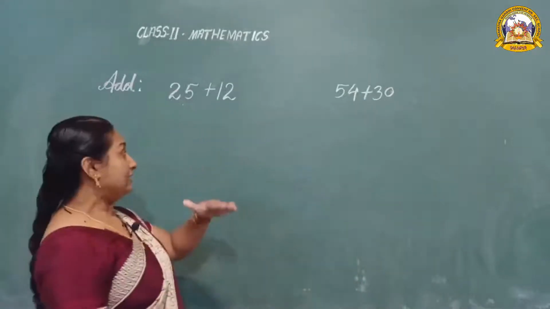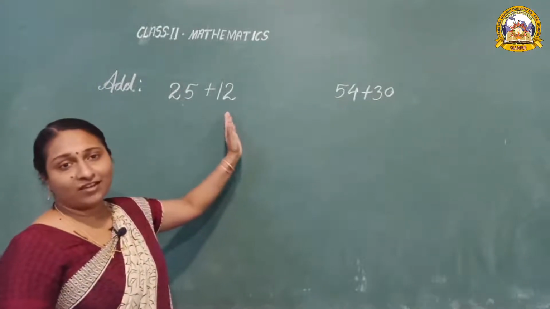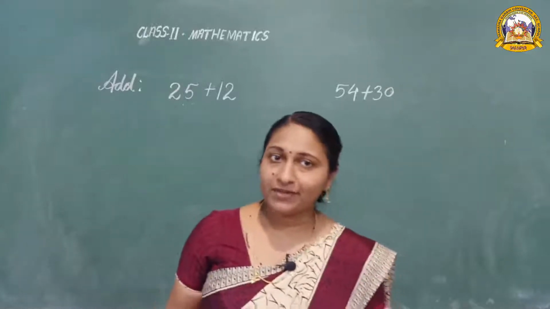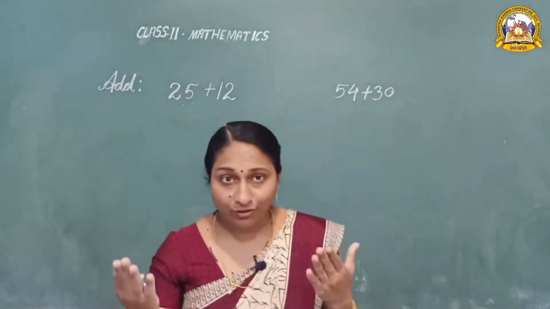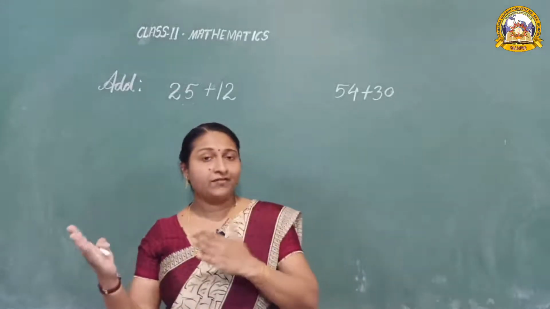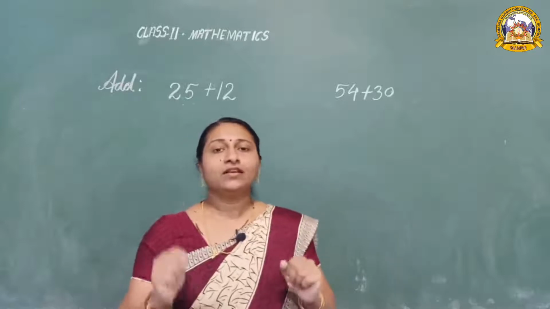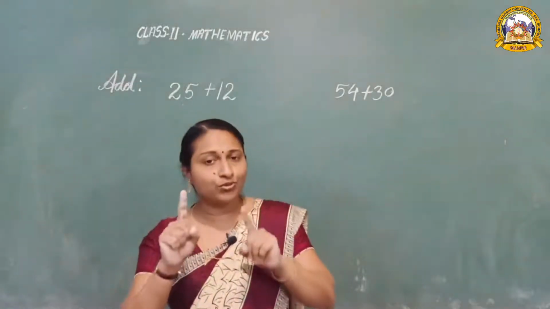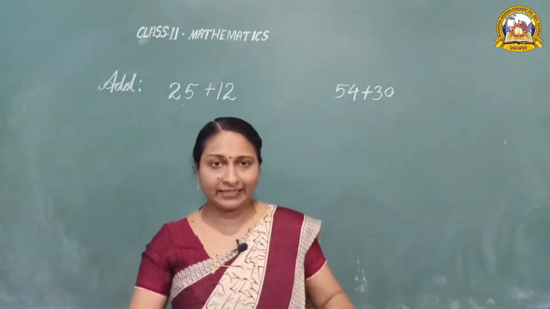Okay. Now let us add these numbers. Already you know the addition. Addition means we have to add one number to another number. Here 1 plus 1 is 2. 2 plus 1 total 3, like that.